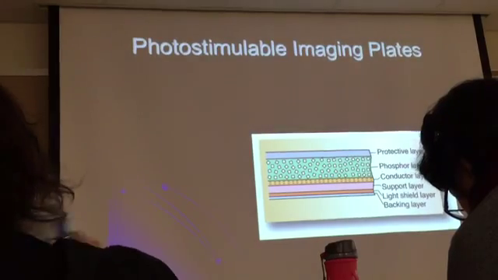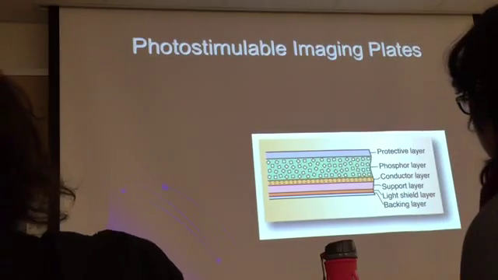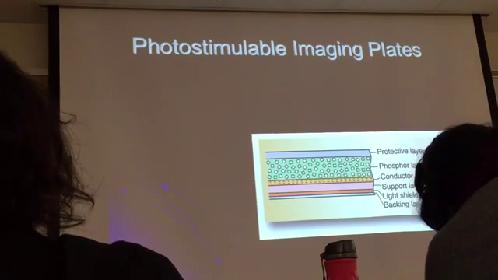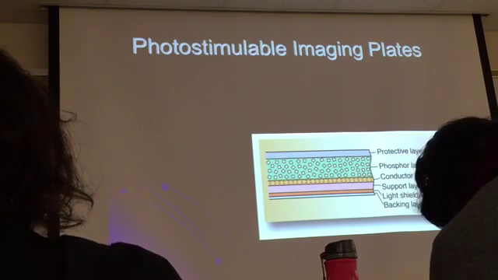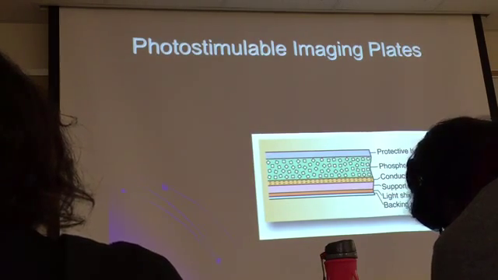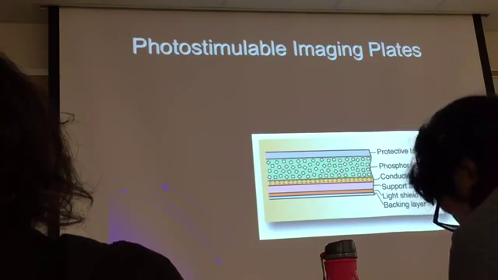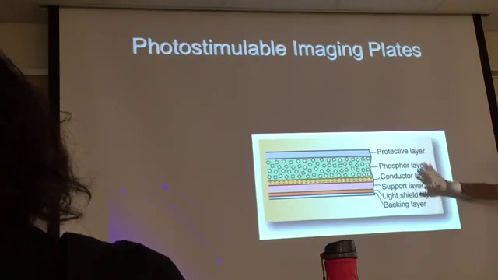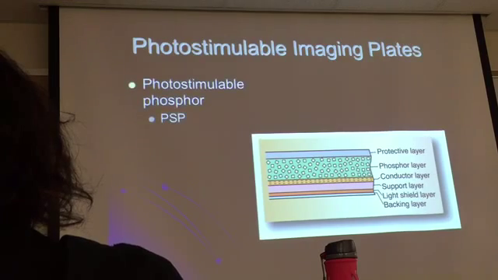So let's start with this. Later on, we're going to study DR plates and DR systems, direct radiography systems. But for now, let's start with, and this is historically how it was developed, the first system that was developed: the CR plates, or photostimulable plates. So you have a photostimulable phosphor.